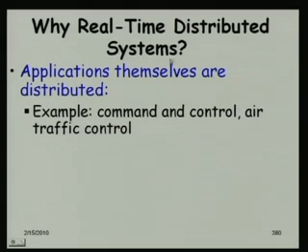First, let us look at the distributed systems. In many applications, the application itself is distributed. For example, there might be sensors collecting data from different, physically separate locations, and you can't really transfer all the data to a central processor and then execute it.